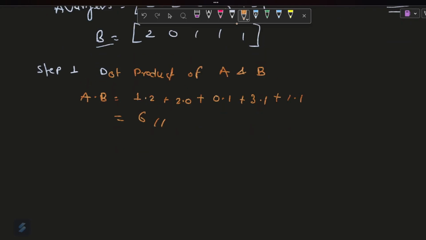In step 2, calculate the magnitude of both vectors.